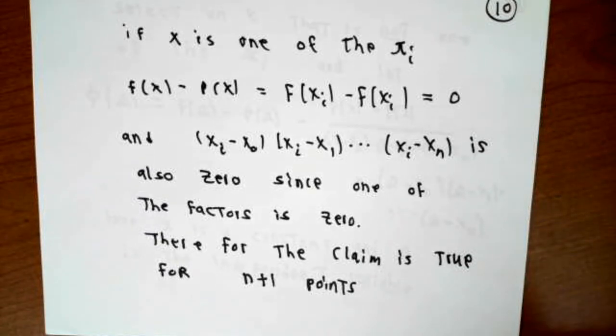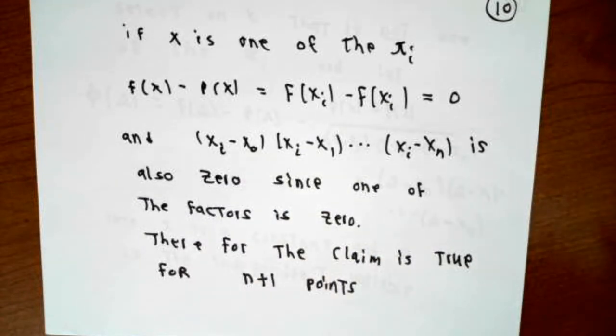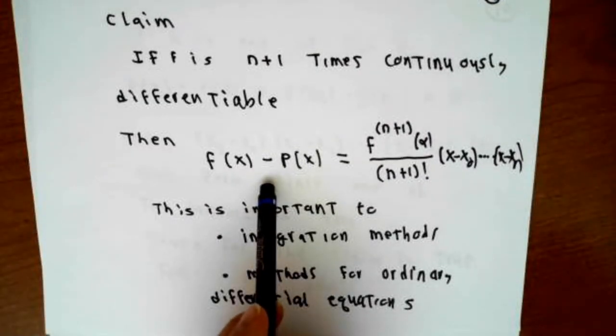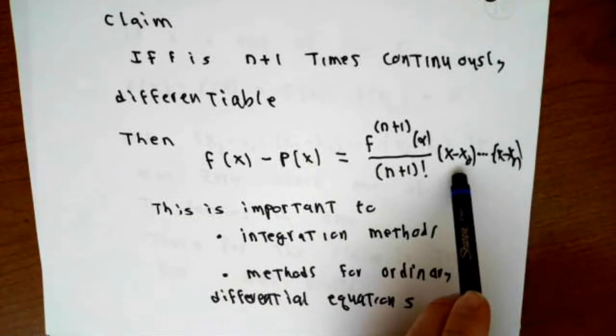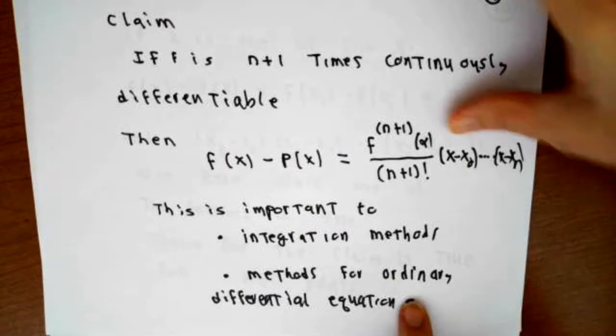Over on the other side of the equation, if x was one of the xi's, then one of these factors is going to be 0. This means that this side of the equation is 0, and that side of the equation is 0. So the statement is true, even though it says nothing.